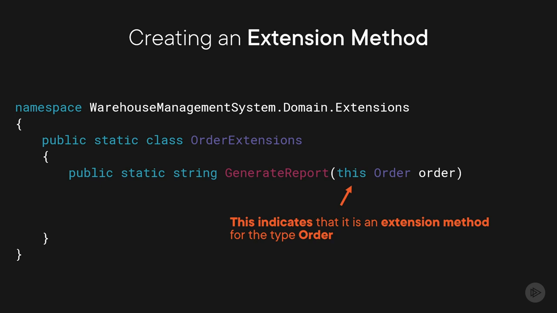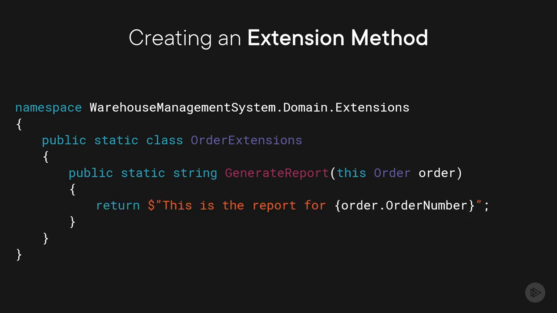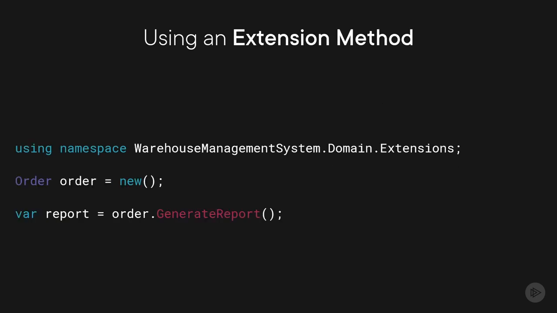What this now means is that this method could be used like an instance method on the order as long as you include this library and use the namespace. The compiler will take care of passing the actual instance as the first parameter to this method. Really, this is just like introducing a helper method, but it acts like it lives on the order itself.